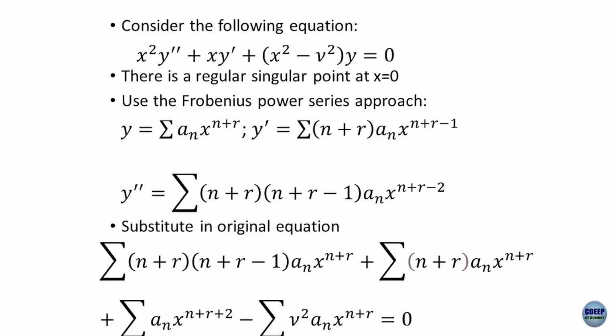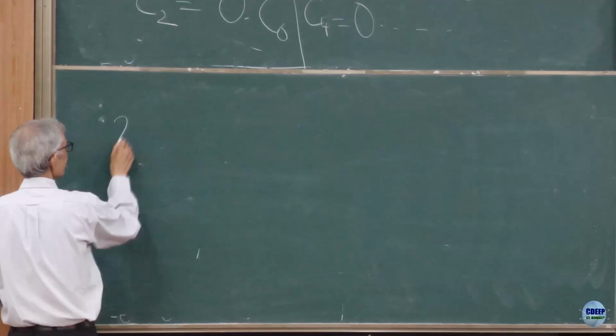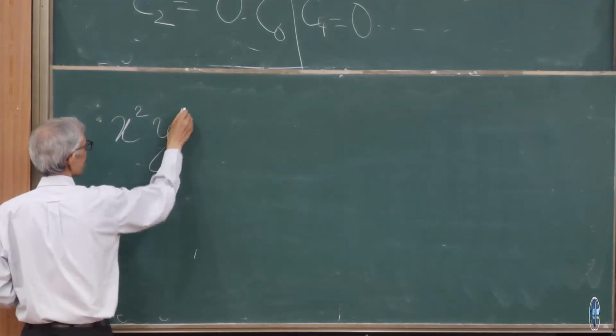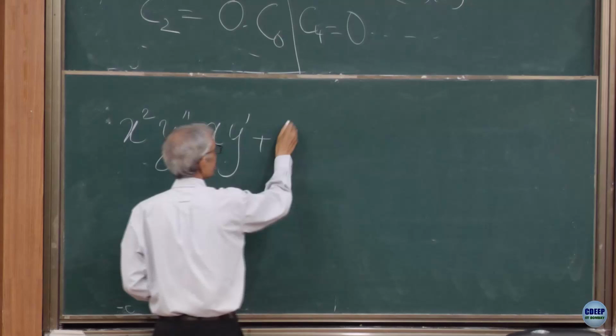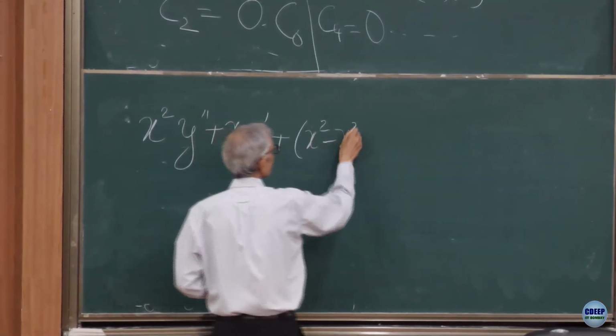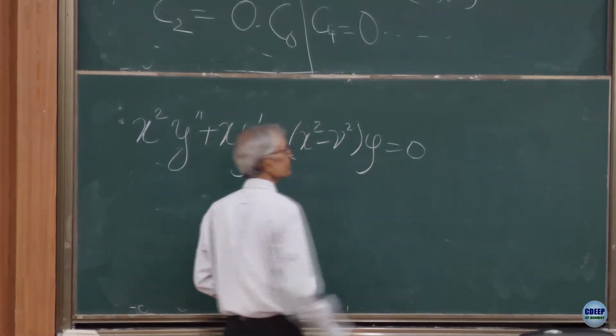We have already seen how to handle an ordinary point, and now we are looking at a singular point, and this is a regular singularity. Irregular singularity we won't even want to touch. So let's say I have x square y double prime plus x y prime plus (x square minus mu square) y equal to 0.